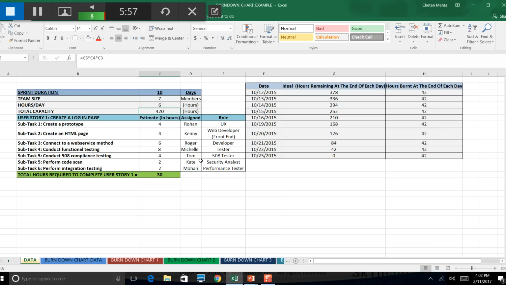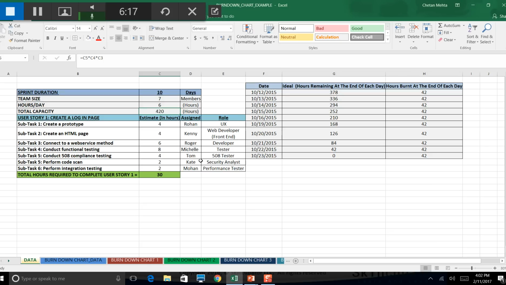Now I would go to that extent and tell you to try to keep a buffer of 10 to 20%, because sometimes you may have some ad hoc requests coming in. There might be some technical difficulty, server is down, or sick team member, meetings, lunch breaks, those kind of things.